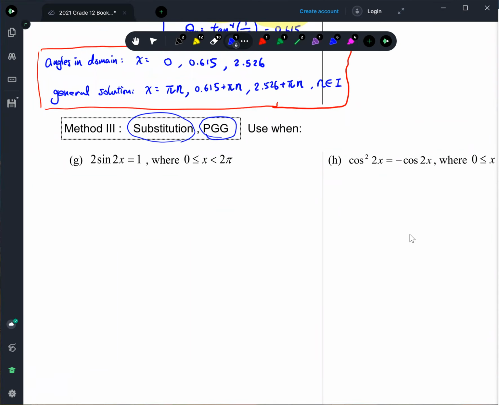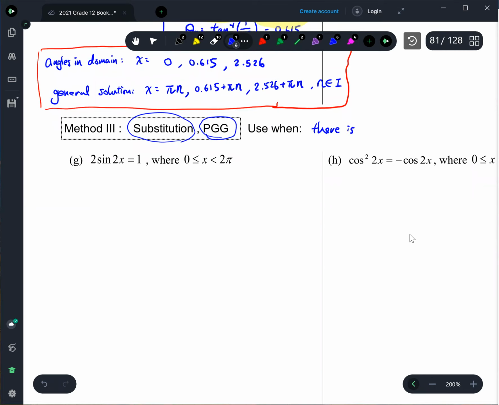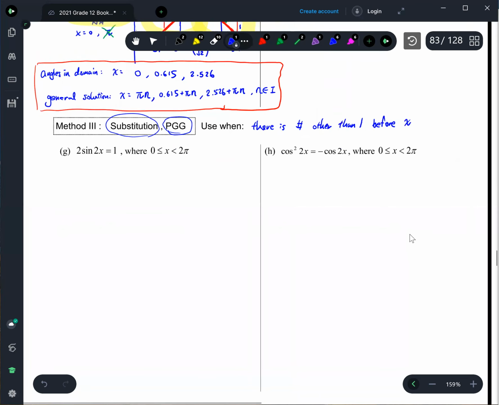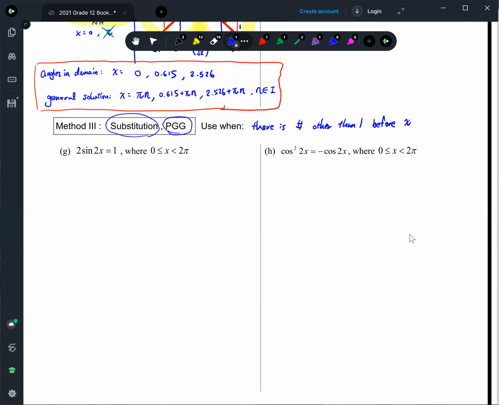We use it when there is a number other than 1 before x or before the angle, before x or before theta, whatever symbol they use.